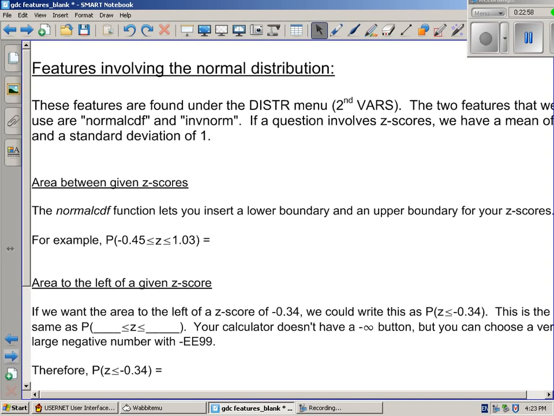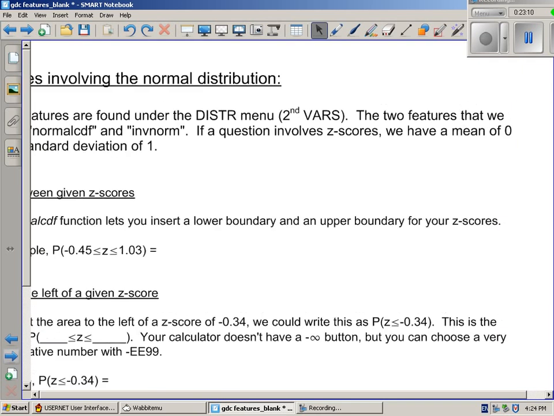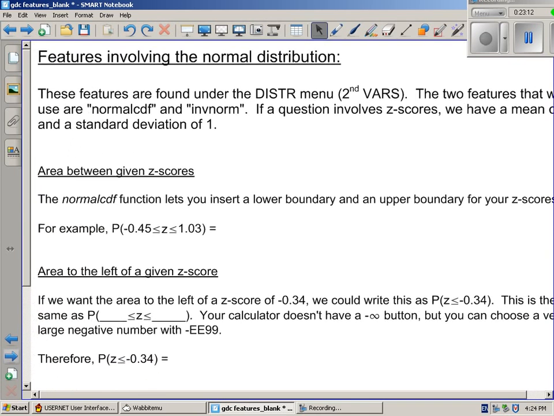If a question involves z-scores, we should know that that means we have a mean of 0 and a standard deviation of 1. So if we wanted the area between some given z-scores, it's the normal CDF function that does that for us. Normal CDF. Okay, I'm just going to move this over.